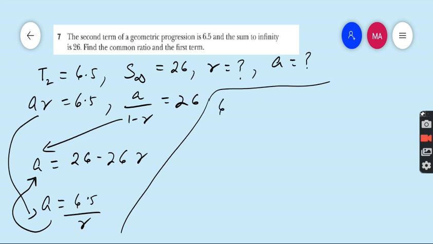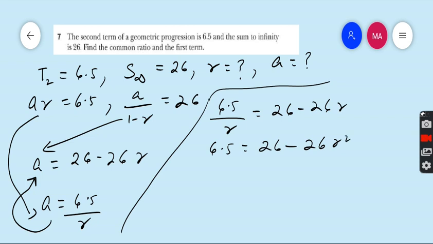So 6.5 upon r is equal to 26 minus 26r. So 6.5 is equal to r into 26, which is 26r, and r into 26r is 26r squared. Shift these two terms to this side: 26r squared minus 26r plus 6.5 is equal to 0.